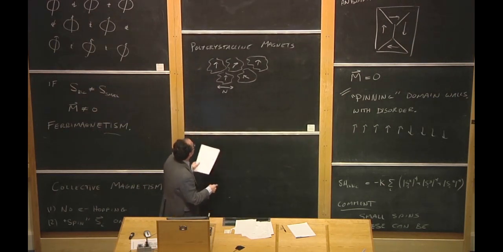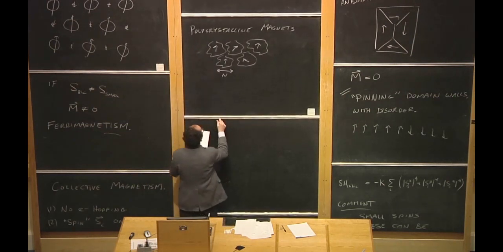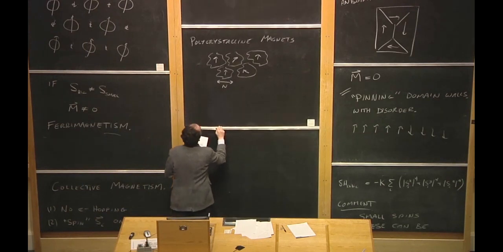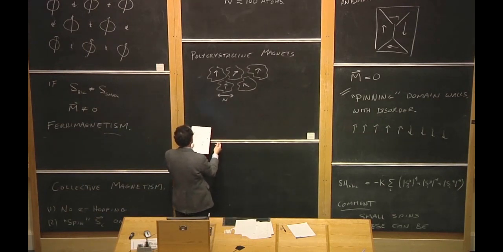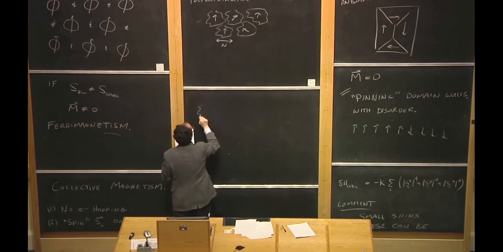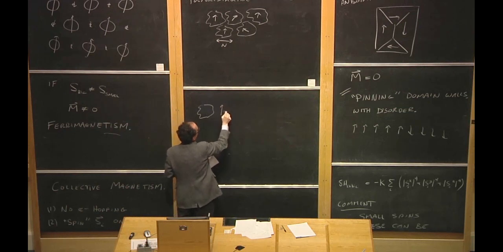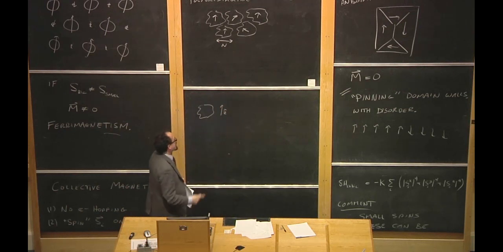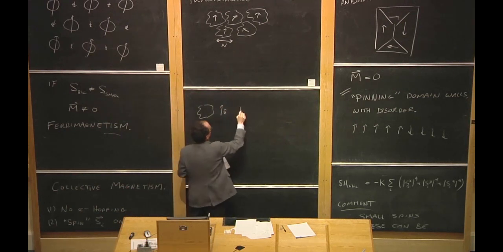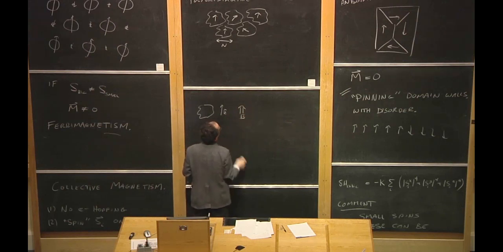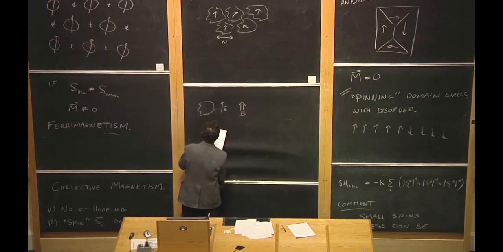All right. Let's imagine that we take one of these crystallites and we are going to apply a field. Suppose it has an anisotropy axis along z hat, so it wants to point its magnetization either up or down, and for the sake of argument, we'll put the magnetic field in that direction as well.